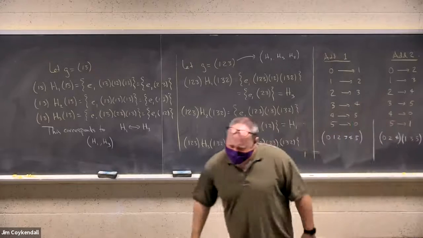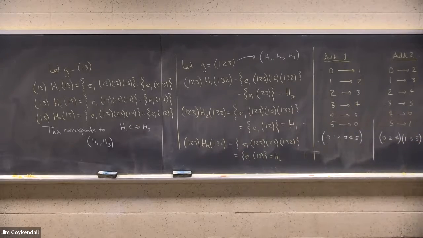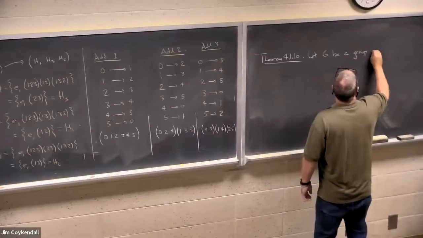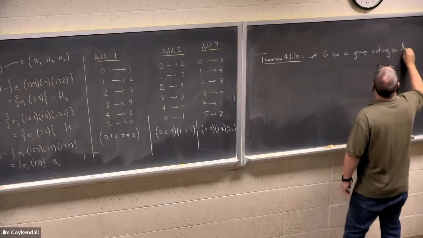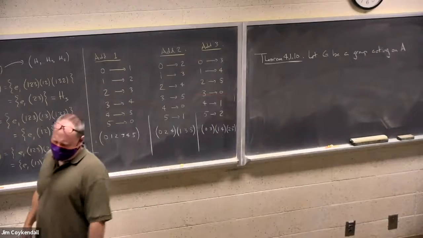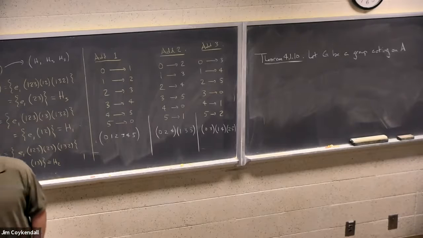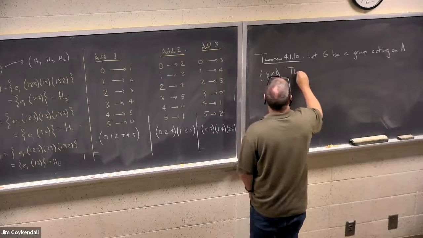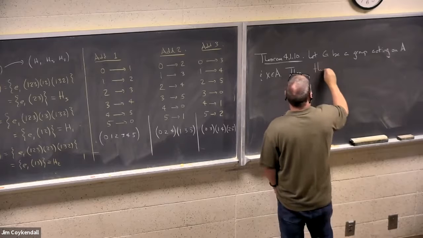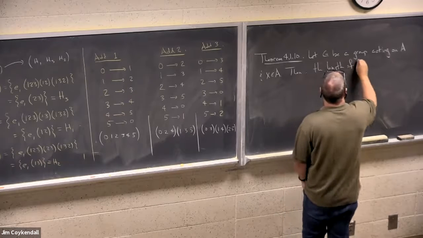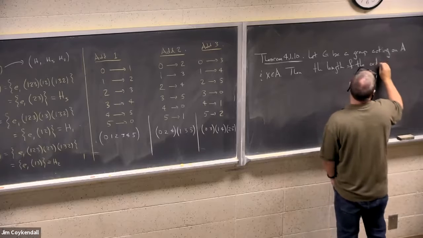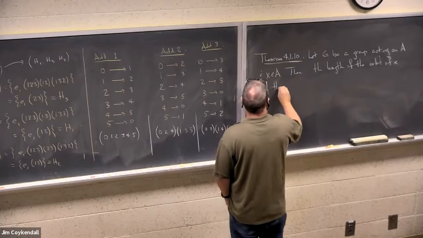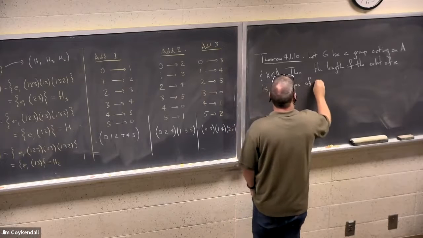Let G be a group acting on A, and we'll say that x is an element of A. Then the orbit of x is the index of its stabilizer.